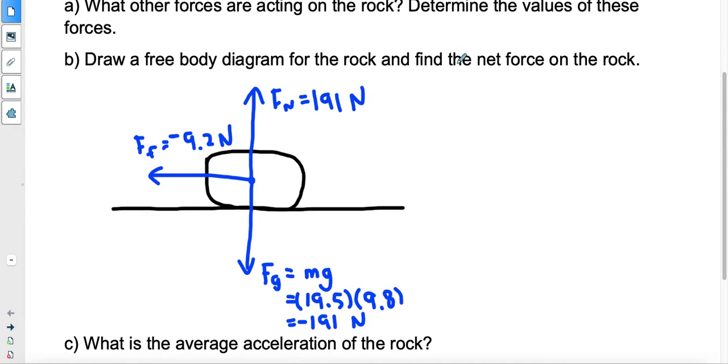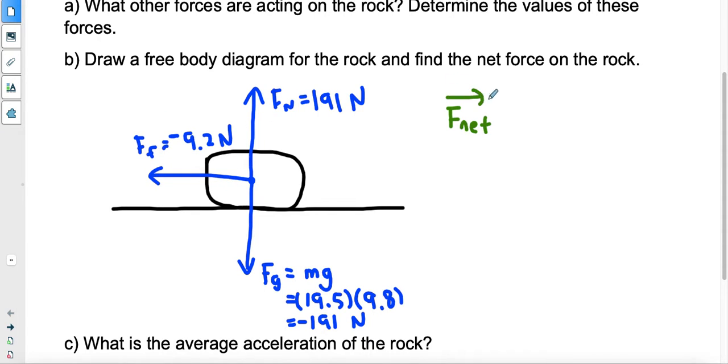The question also asks us to find the net force. The net force we can find by just adding all the forces up. Here we can see that the normal force and the force of gravity are the same, so these forces will cancel each other out. Then we'll just be left with the force of friction.